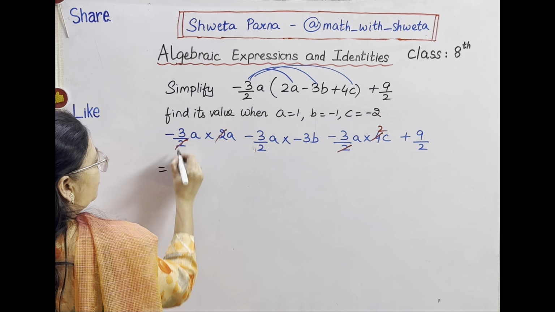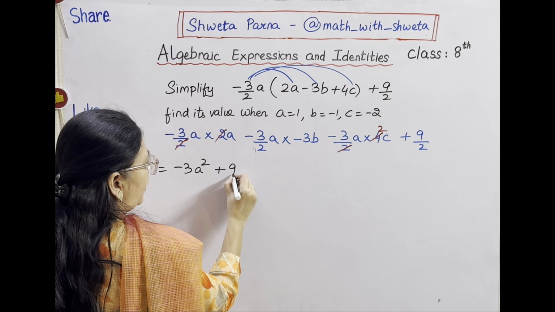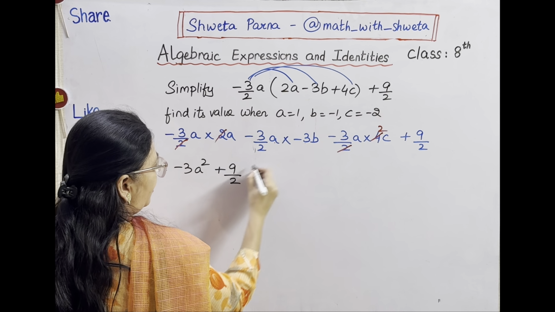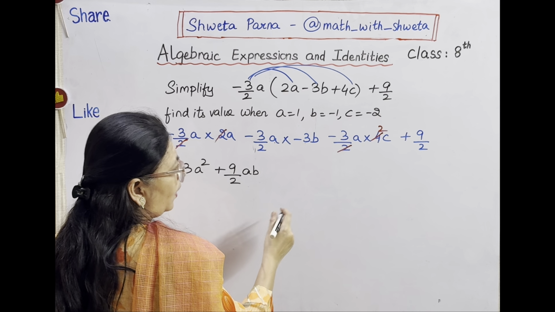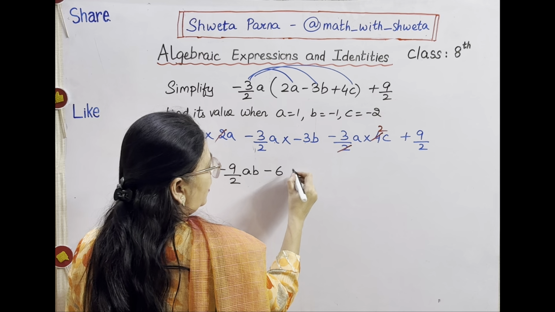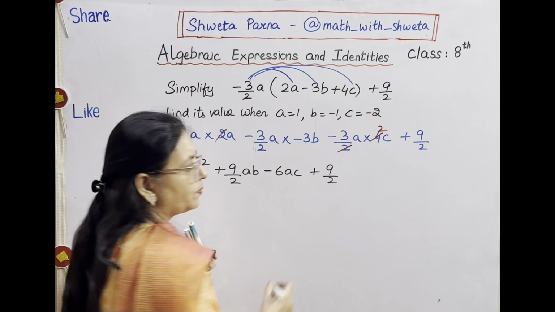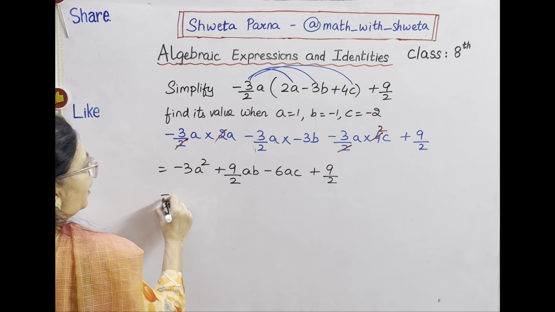A into a is a square. Here minus 3 into minus 3 is plus 9 upon 2ab. Minus 3 into 2 is minus 6ac plus 9 upon 2. Now let's substitute the value.